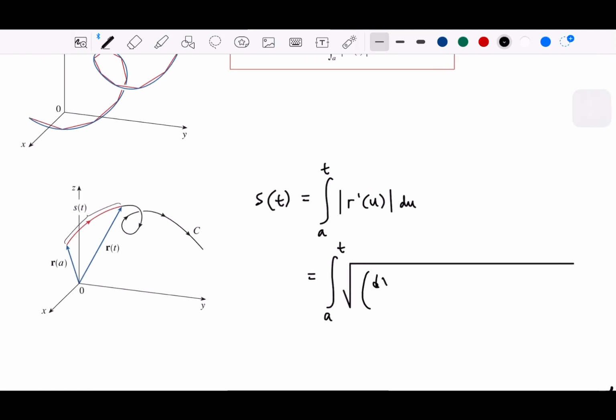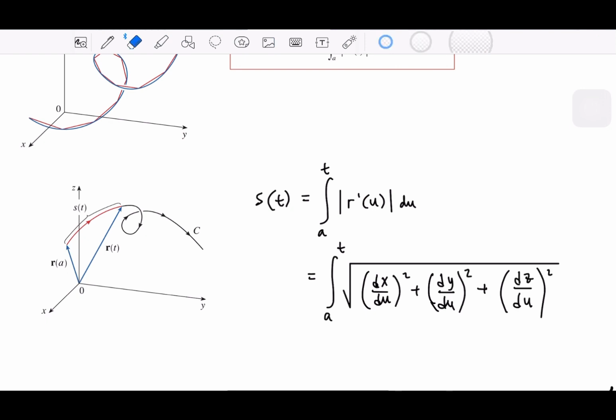So this will be dx du. So we can take ds dt as the magnitude of r prime t, by the fundamental theorem of calculus.